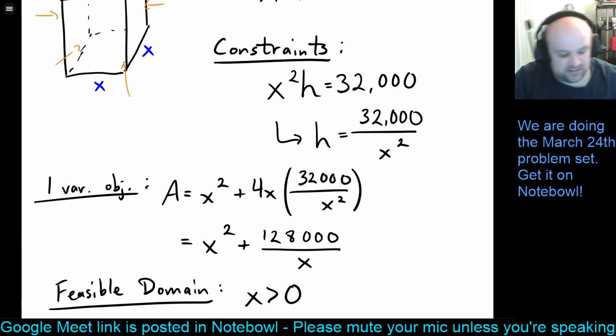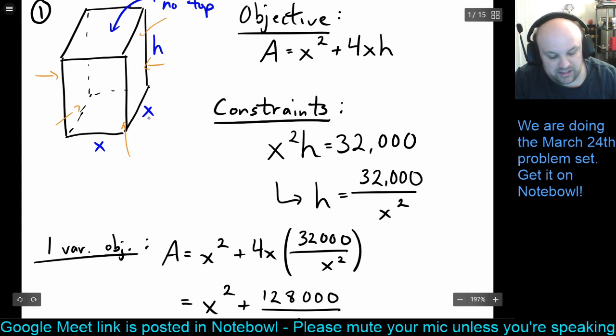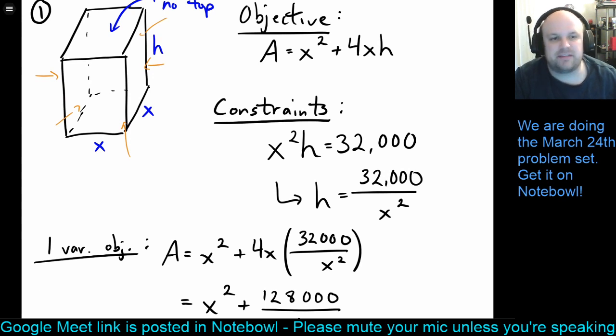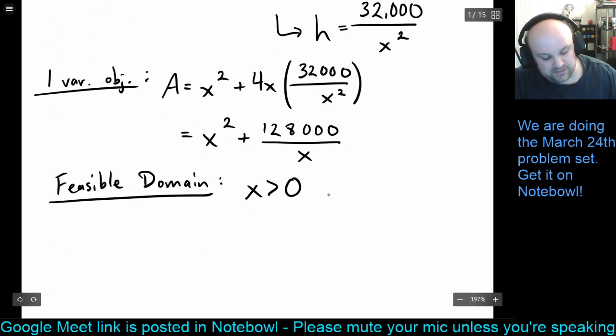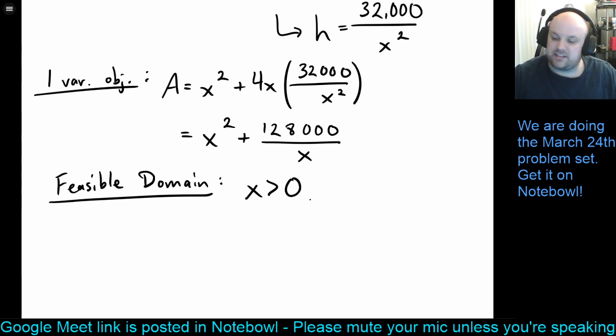This x stands for the length of a side here, and it doesn't make sense to have a negative length. So our feasible domain is just x greater than 0. Right, so that's going to put us into this realm of having to use that first derivative test that we did before.